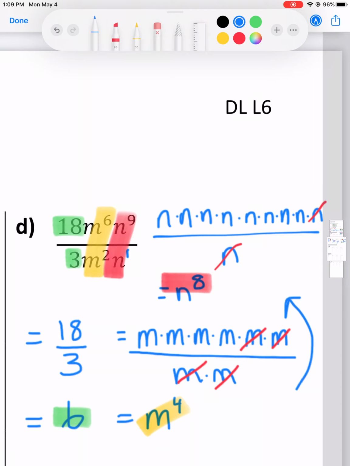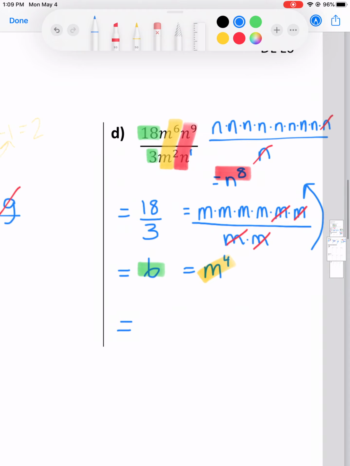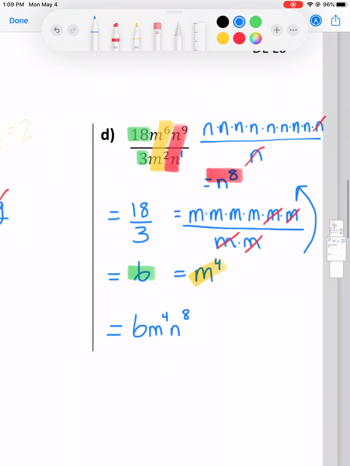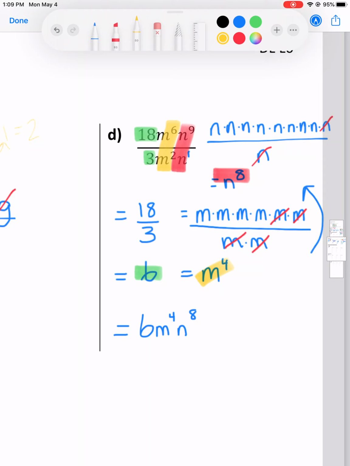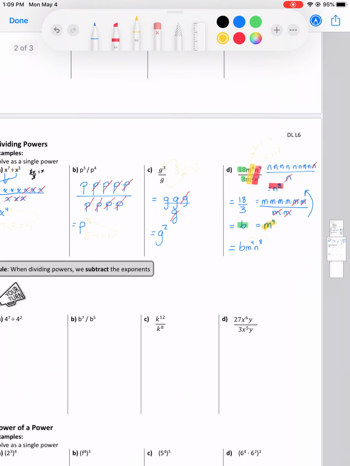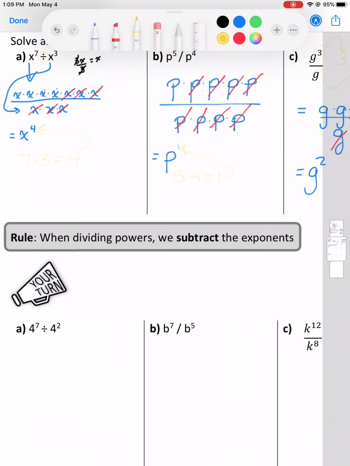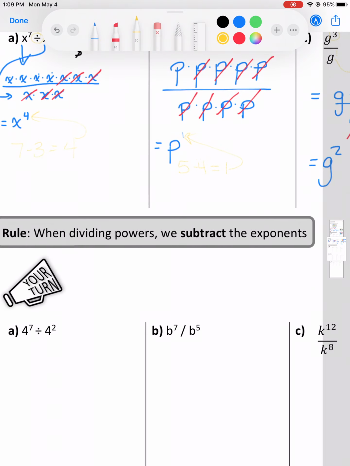So, what's my final answer? 6m to the 4, n to the 8. Again, if you just wanted to use your numbers, 6 minus 2 is equal to 4, which we calculated there, and 9 minus 1 is equal to 8, which we calculated there. I'm hoping that makes sense, guys. Again, practice questions, if you want to try them, go for it. And here's your reminder: when dividing powers, we subtract the exponents.